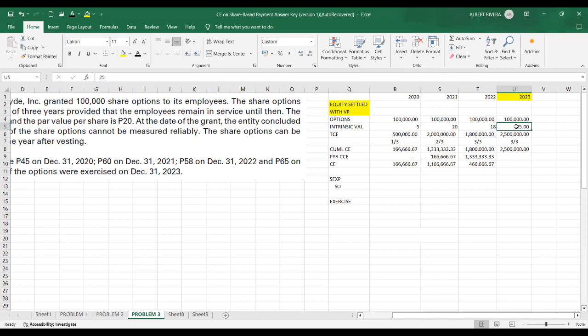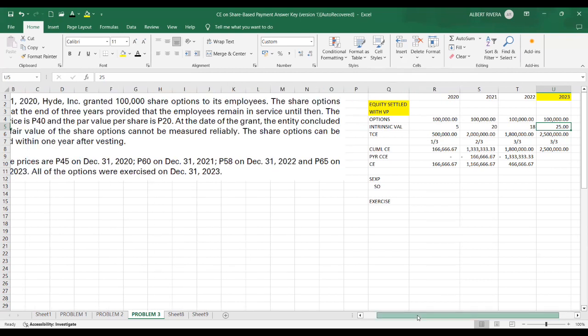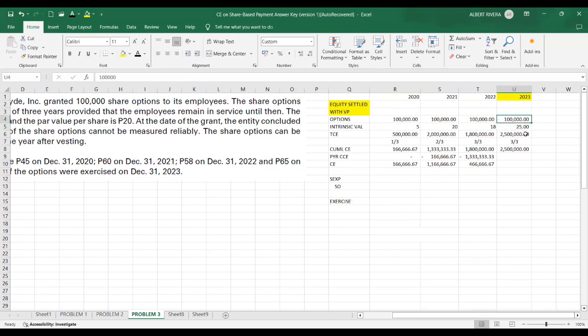Okay? The intrinsic value in 2023. And that is the fair value of the shares of 65 minus the option price of 40. Okay? So this is now 25. Okay? So this is now 2.5 million pesos.